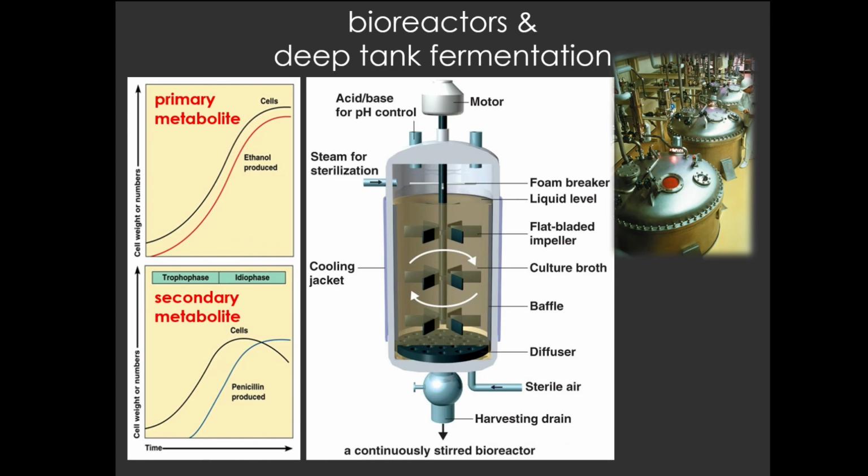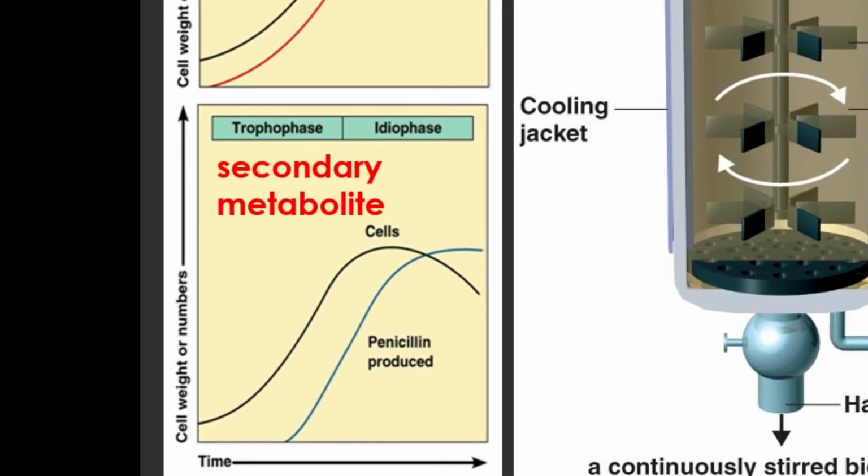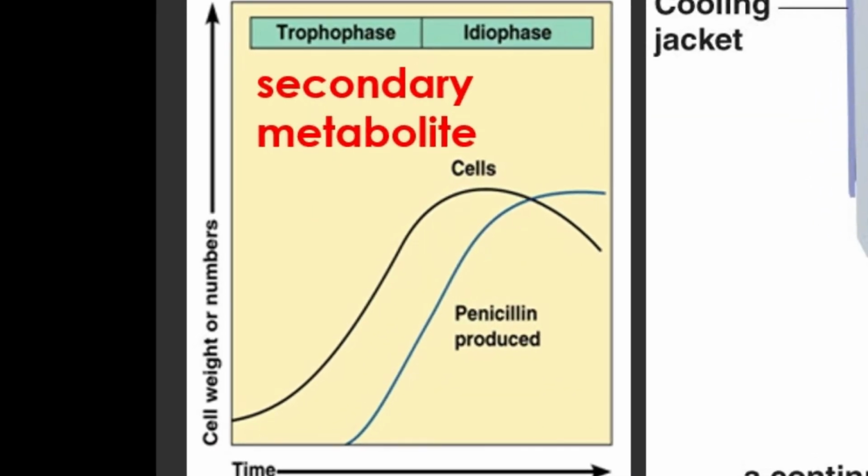And the reason why this idiophase idea is so important is because many things will not be produced unless the cells are at high concentration, which may sound familiar to you, right? That's quorum sensing. So for instance, penicillin. Organisms produce penicillin to kill off anybody that's competing with space for them.